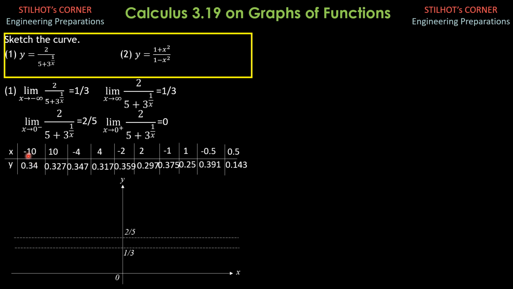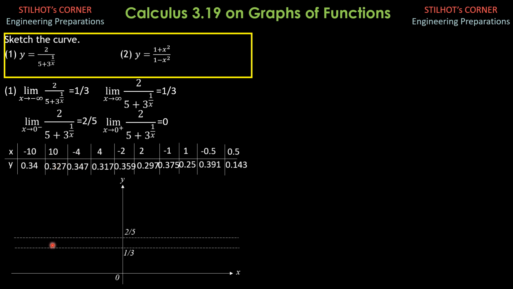In particular, when x is negative 10, it is 0.34, which is a little bit greater than one third, so it is above this horizontal asymptote.